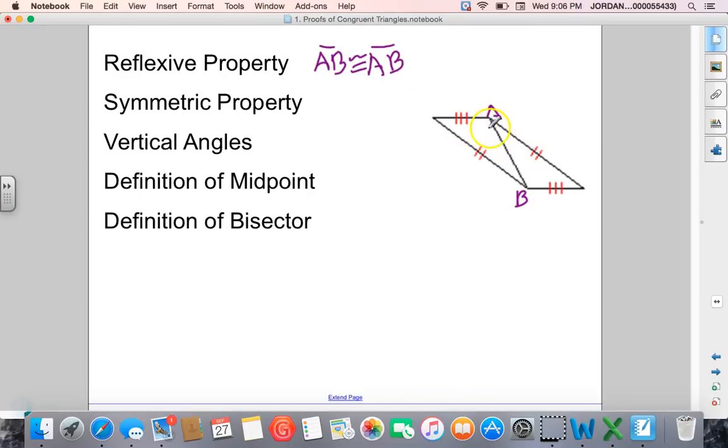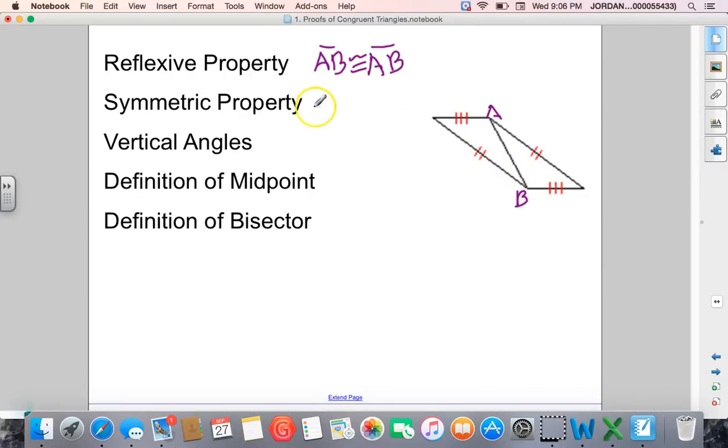If we wanted to use that as one of our reasons, or our statements, we know AB is congruent to AB, then the reason would be because of the reflexive property. The reflexive property just tells us that something equals itself, or something is congruent to itself.